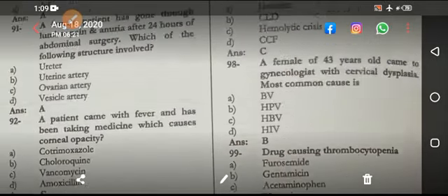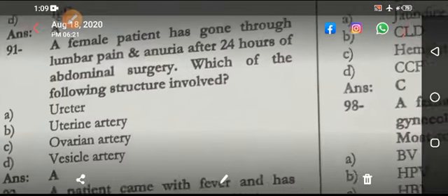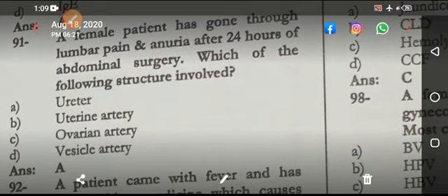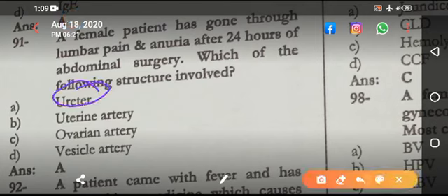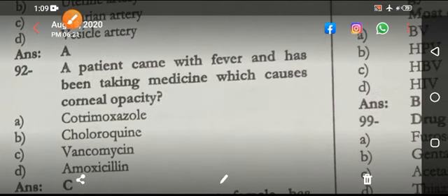Coming next, a female patient has gone through lumbar pain and anuria after 24 hours of abdominal surgery. Which of the following structure is involved? That is ureter. Urinary retention. Ureter. Patient came with fever and has been taking medicine which causes corneal opacity.